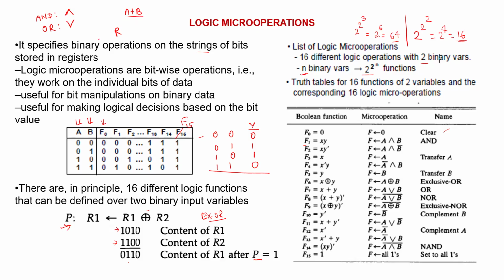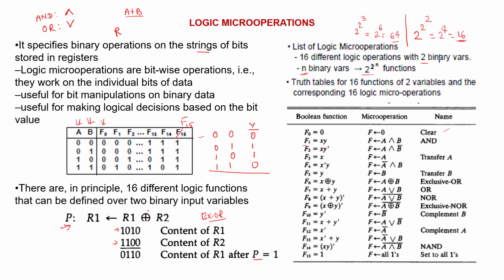To overcome this confusion, for the AND operation we have the inverted V, and for the OR logic operation we have V. This is the symbol being used here.